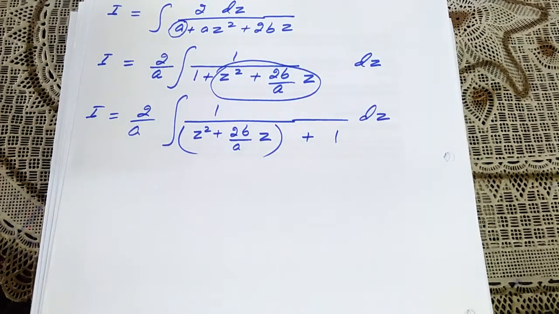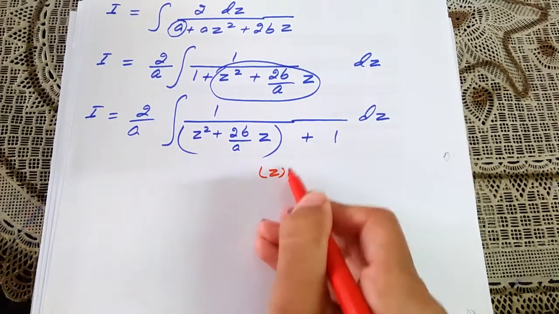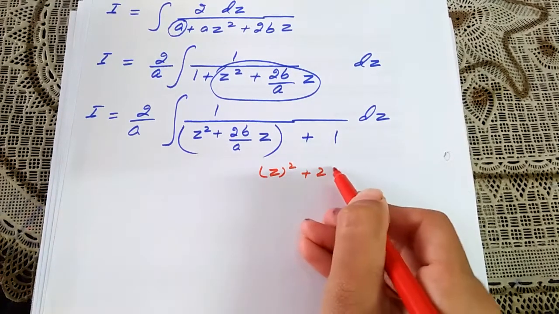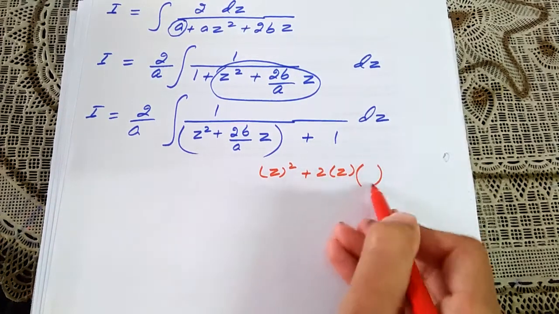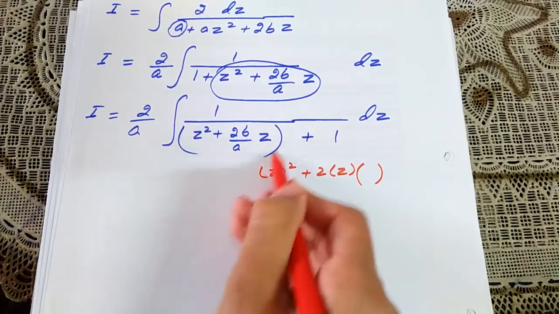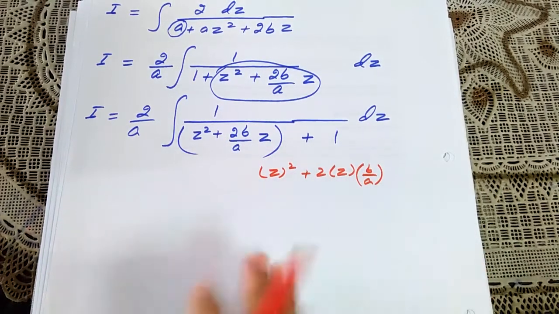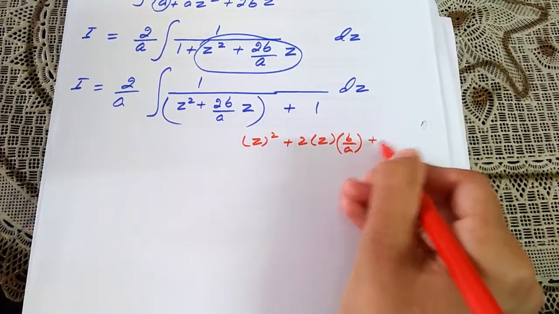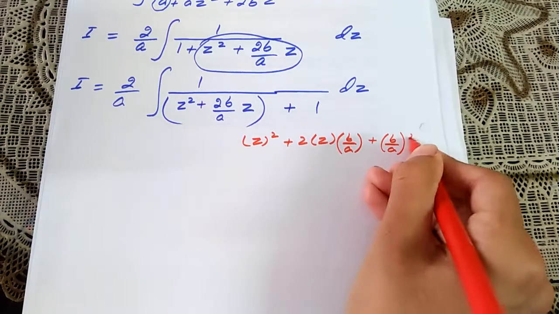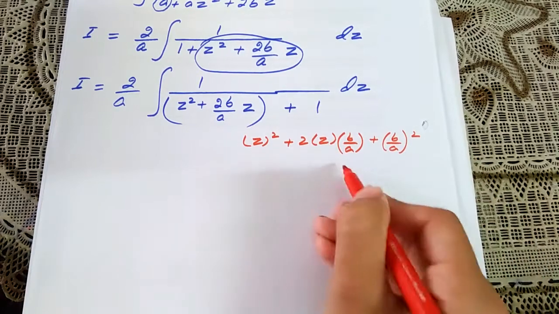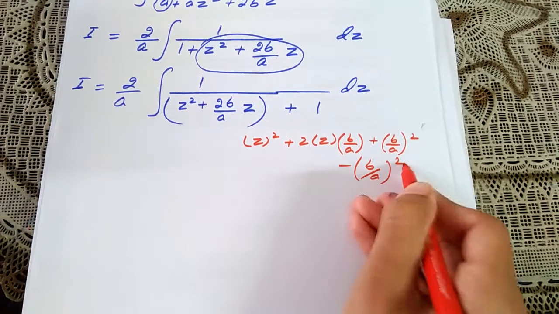This term I know that I can write like z whole square plus 2 into z. Now I need some term here so that I can get back this term. For that purpose I need here b over a. So it means for completing square I need b over a whole square. If I am adding it, then I need to subtract it as well.